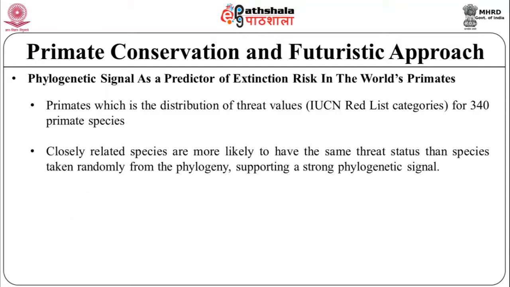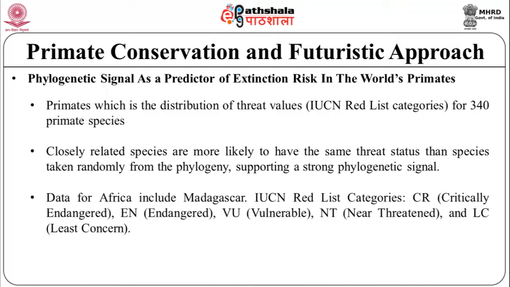Closely related species are more likely to have the same trait status than species taken randomly from the phylogeny, supporting a strong phylogenetic signal. Now, the data for Africa include Madagascar.